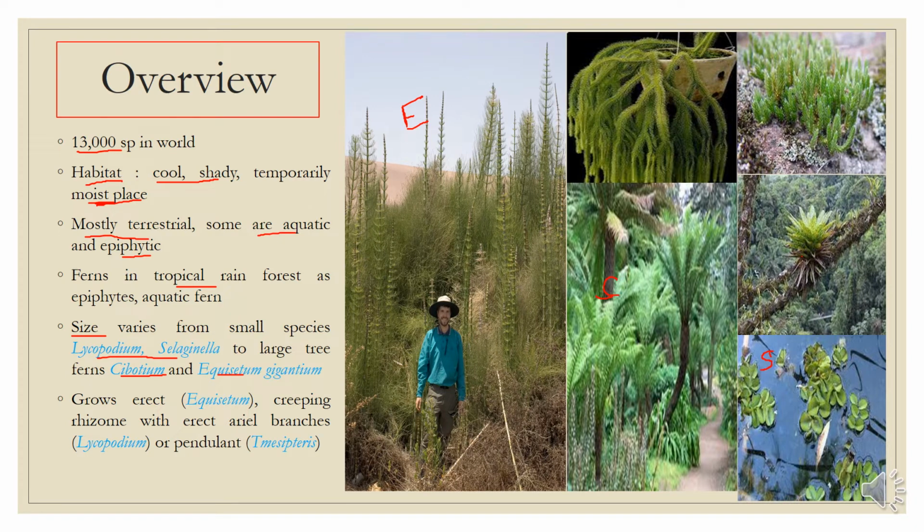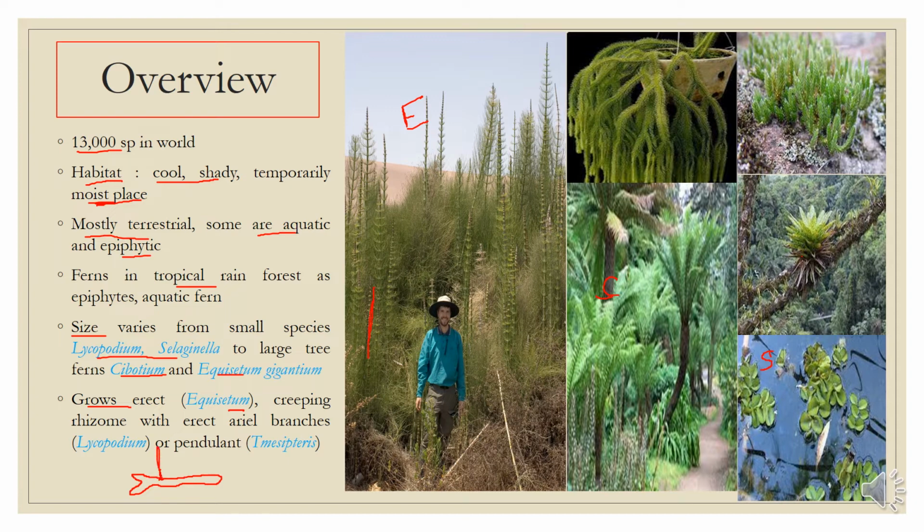Also, there is great variation in the habit. Some of the pteridophytes grow erect, for example Equisetum and the ferns. Certain other pteridophytes have a creeping rhizome that branches and rebranches and gives off aerial branches.